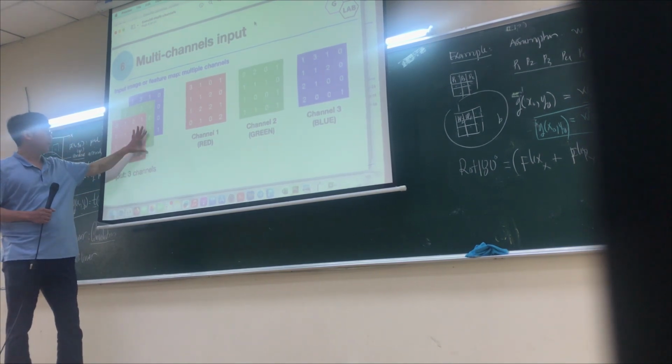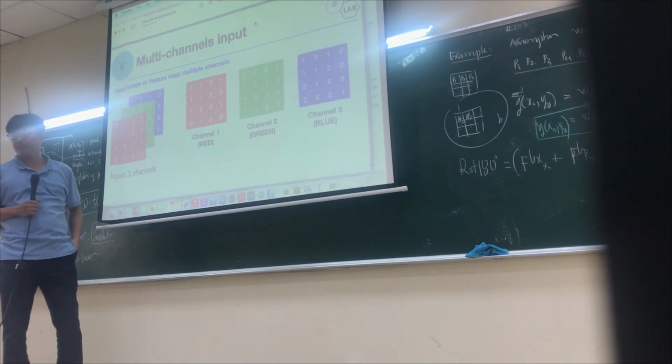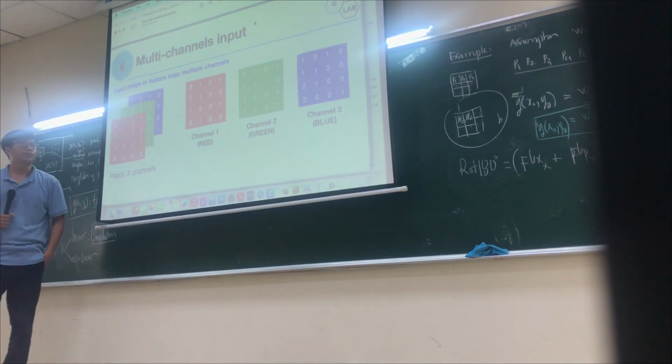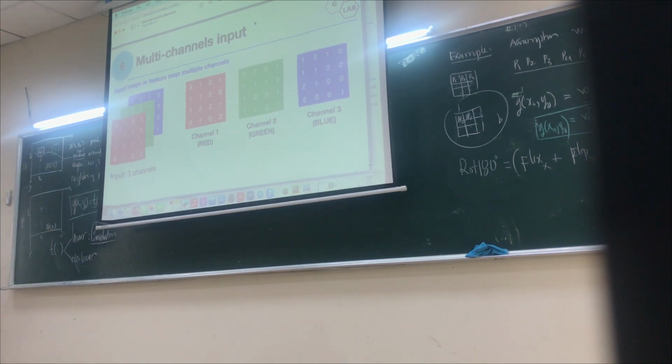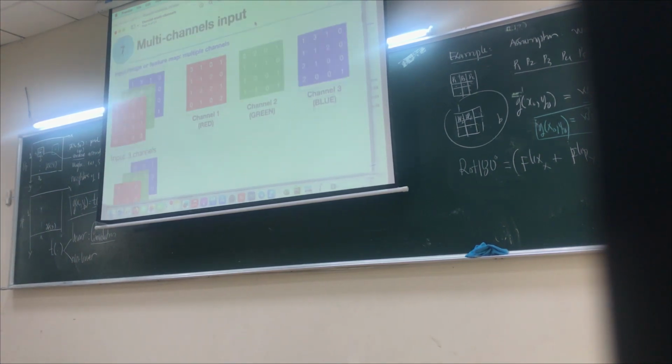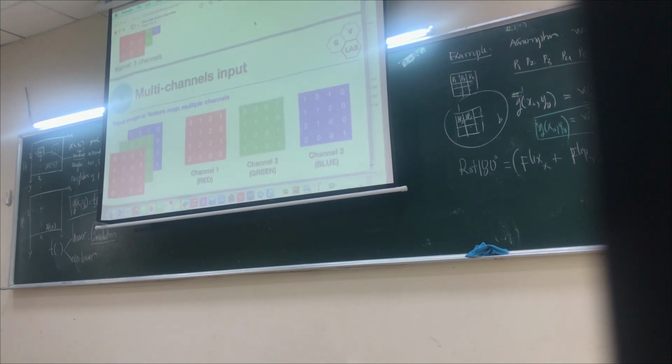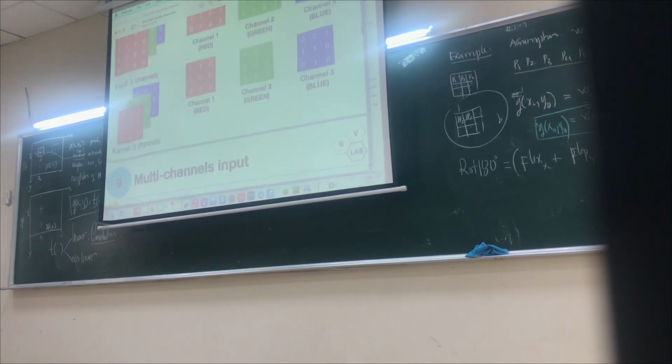Right? By default the kernel also has multiple channels. Here I just use random values for the kernel. Now you can see.